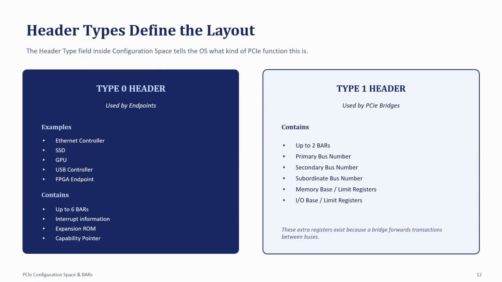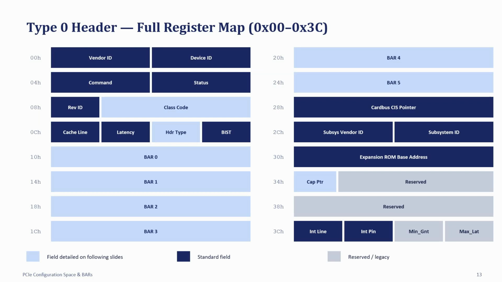Now let us try to understand different kinds of header types in PCIe. Basically, the header type field is in the configuration space. In the registers, we are going to have one particular field which is known as header type. If I can show you, this is my type 0 header, and these are all the registers I'm going to have.